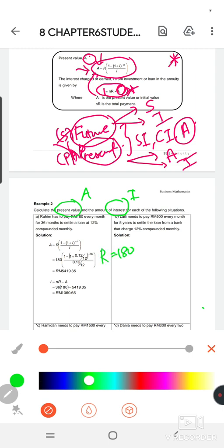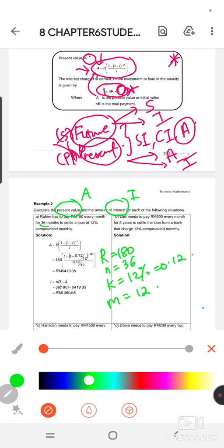So, bila dia kena bayar, yang tu adalah R, every month. Okay, every month setiap bulan for 36 months. So, it means that your N equals to 36 to settle a loan at 12% compounded monthly. So, your K is 12% or 0.12 compounded monthly. So, M equals to 12.